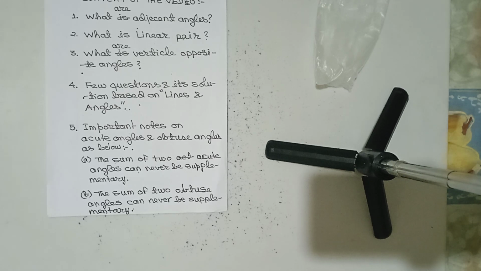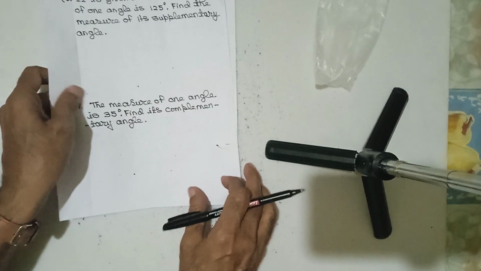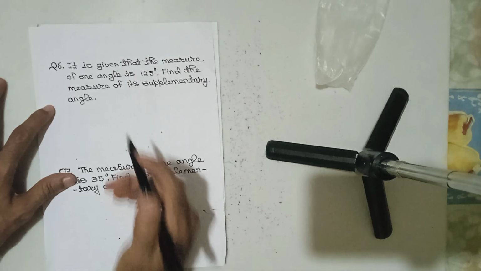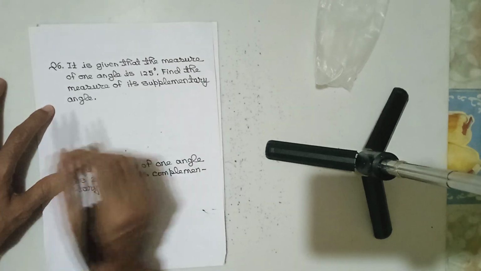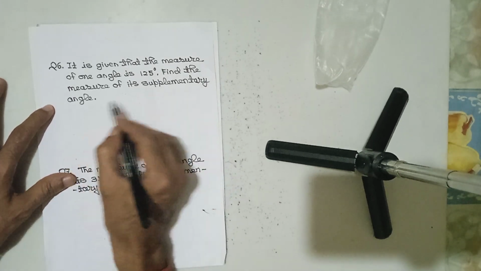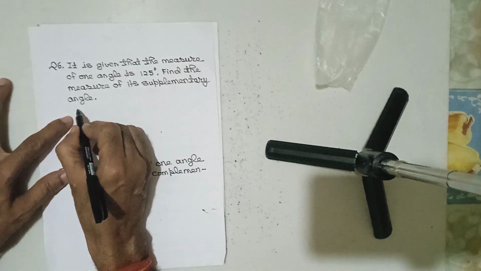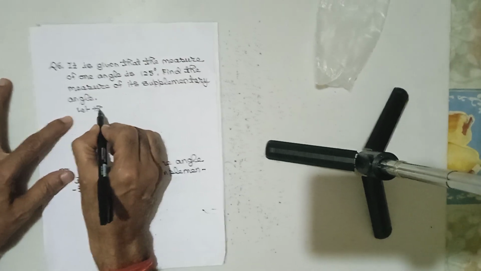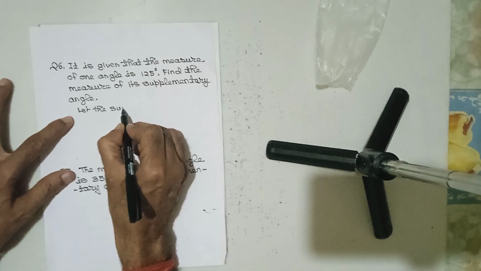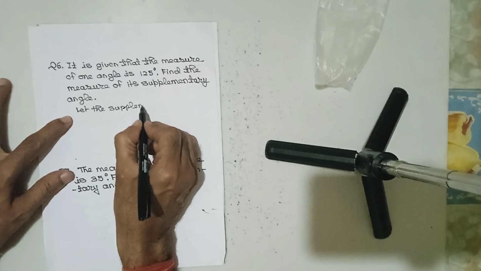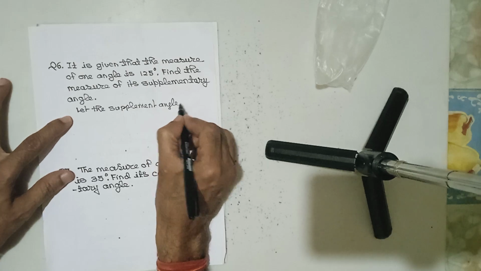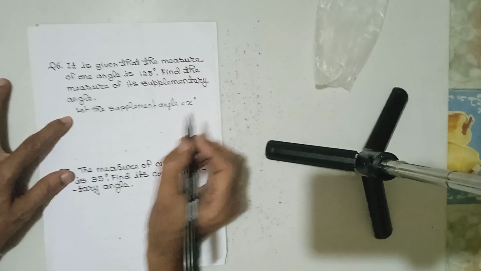Now we'll come to the last question. It is given that the measure of one angle is 125 degree. Find its supplementary angle. Supplementary angles sum to 180 degree. Therefore, let the supplementary angle be x.